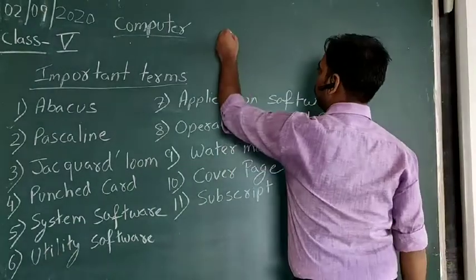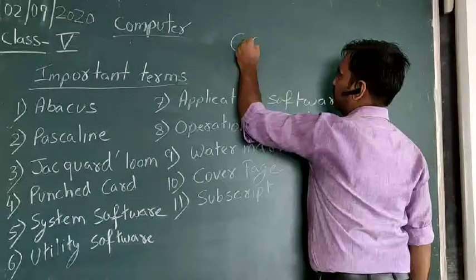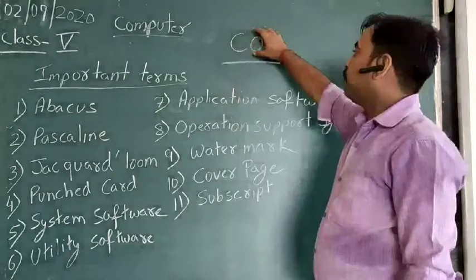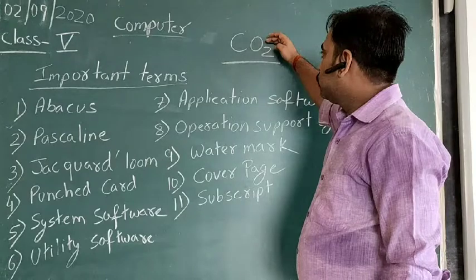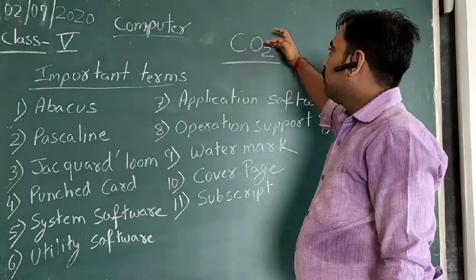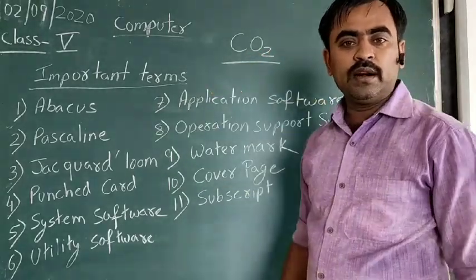Like suppose you have to write carbon dioxide in a chemistry formula, CO2, you have to write like this. This is the example of subscript, where the character is written half below the original text. Suppose this is the original size of the text, the subscript is written just half below the original text.